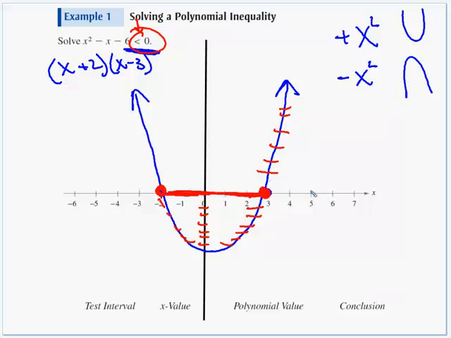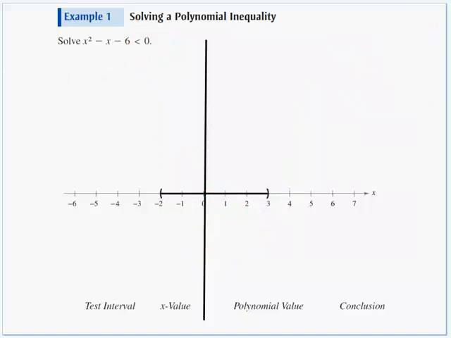So we know that over here is not part of the solution, as is all the numbers here to the left of negative 2. They are not going to make this a true inequality. Only the spots here where we're under the x-axis are going to work. So that's just sort of like a little shortcut. The better you know the basic shapes of graphs and how they behave, the easier it is to figure this stuff out, or at least to verify and check the answer that you found to make sure that it's reasonable.